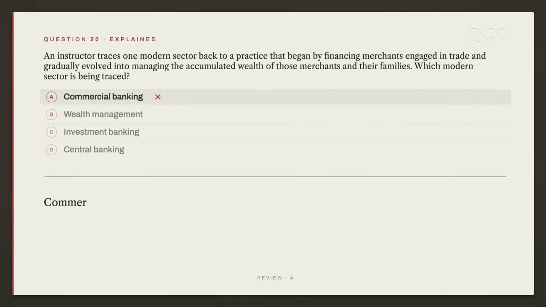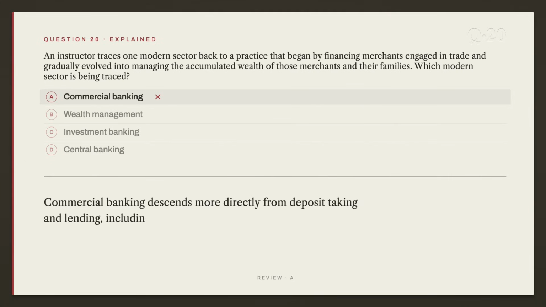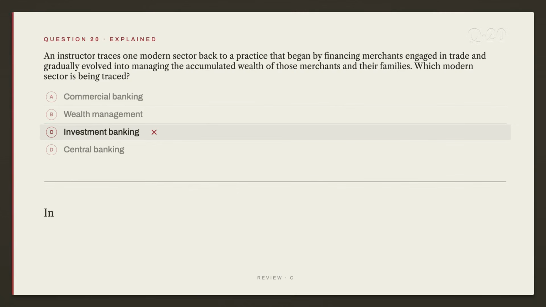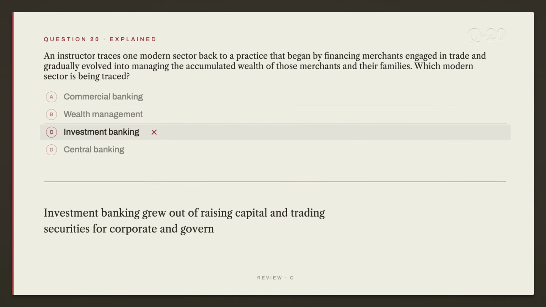A is wrong because commercial banking descends more directly from deposit taking and lending, including the goldsmith practice that produced fractional reserve banking. Its defining activity is the deposit and loan spread, not managing family wealth. C is wrong because investment banking grew out of raising capital and trading securities for corporate and government issuers.